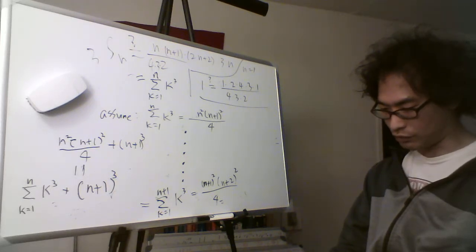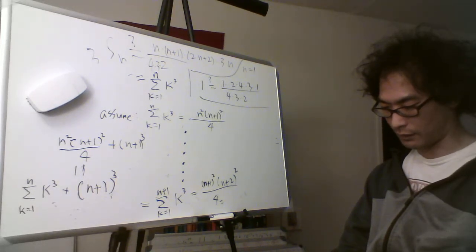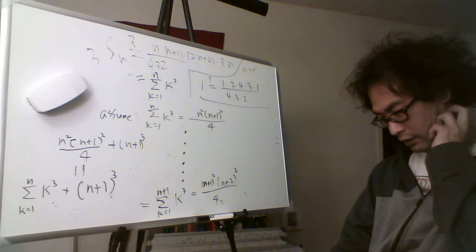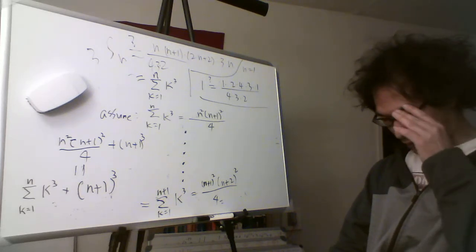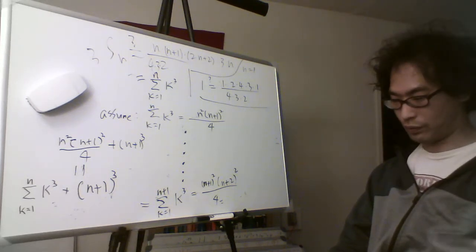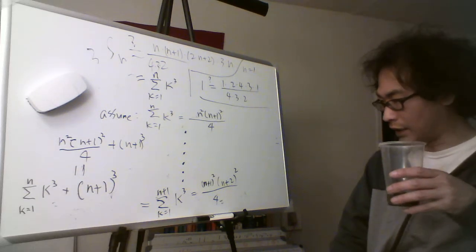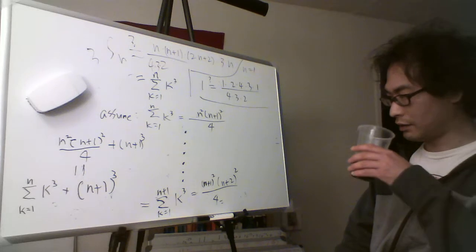N squared plus 2n plus 1, over 4. Yeah, it worked. I got it.